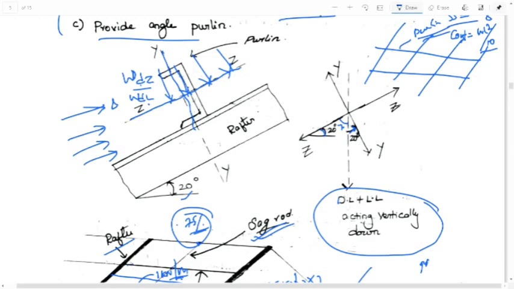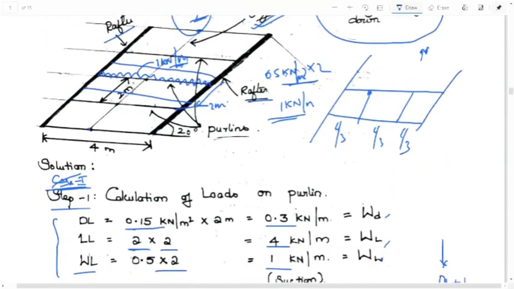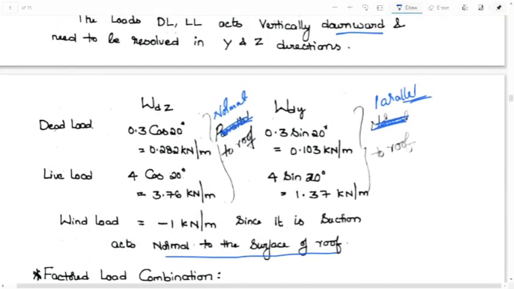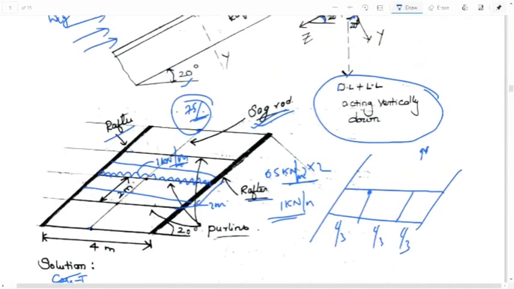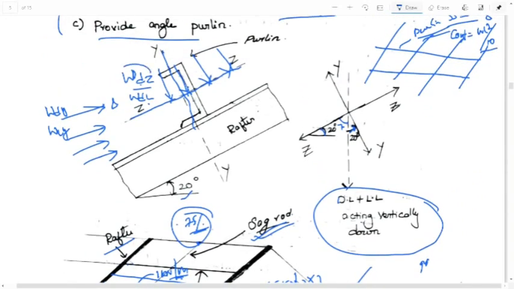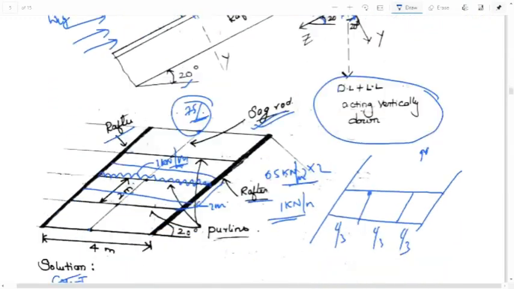Therefore, we denote them with WDY and WLY, and of course, they are perpendicular to the YY plane, so we denote with Y as suffix. So these two components are to be accordingly resolved. These are the normal components, WDZ, and as you can see, these components are actually perpendicular to this roof, and the parallel ones are the Y components.